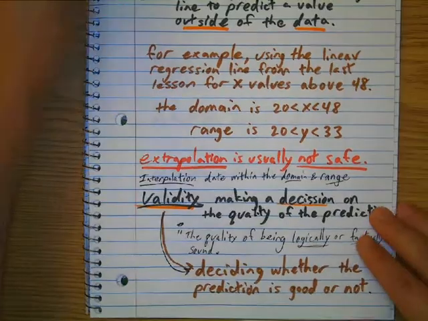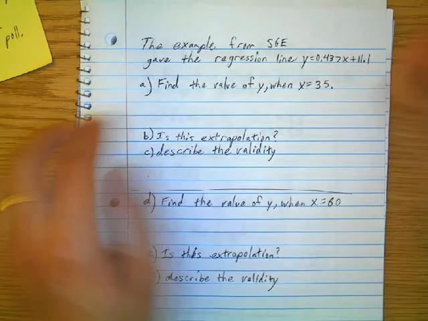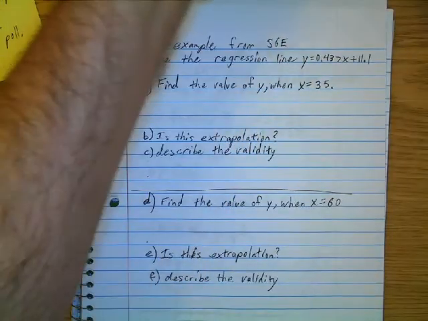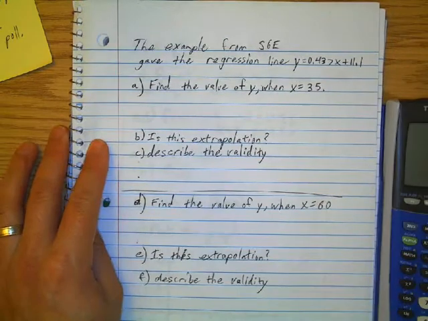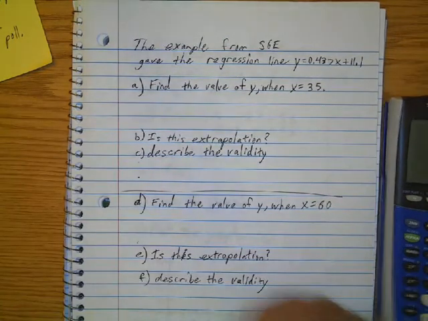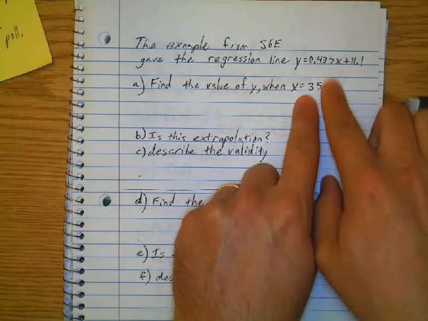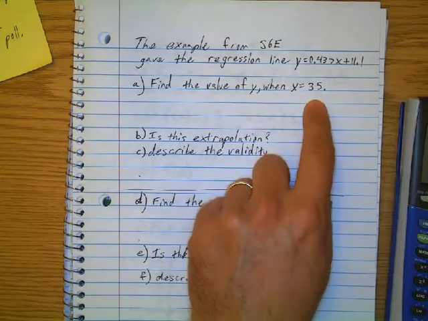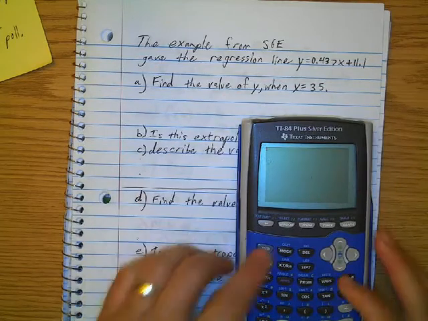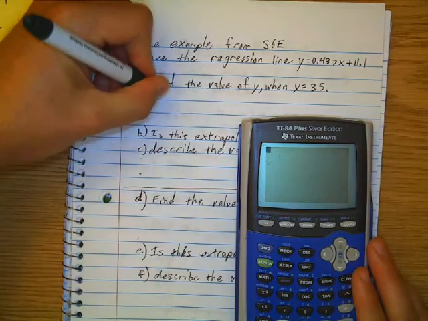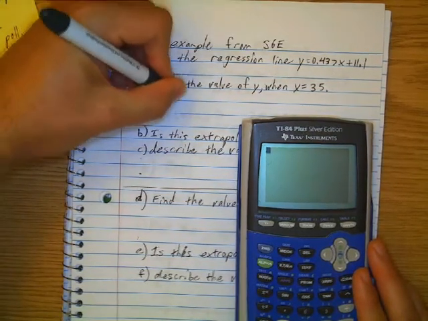So let's do an example. So here's the equation from the earlier example. I've got this equation, and I want to find the value of y when x is 35. So I'm going to plug in 35 for x.